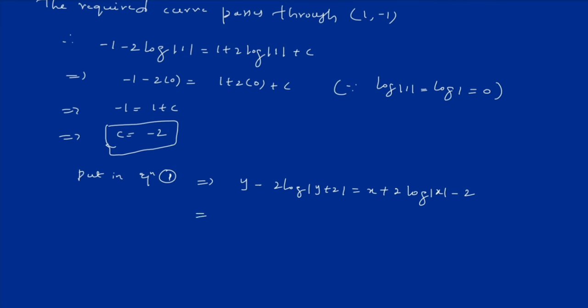So y minus x plus 2, y as it is, this x term we take to the LHS and minus 2 also to the LHS, it becomes plus 2. So the log terms we write as log of x square into y plus 2 whole square, because if you take this term to the RHS it becomes 2 log x plus 2 log y plus 2, right? So log m plus n can be written as log mn, and 2 is the constant term, we are taking its power.